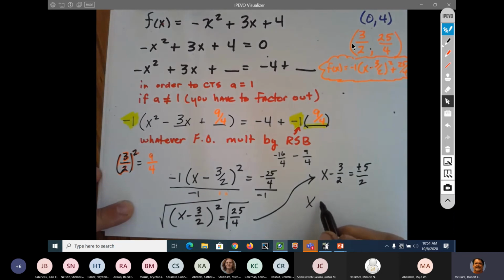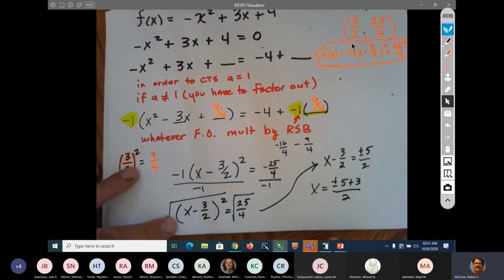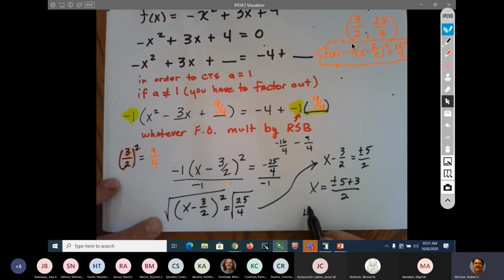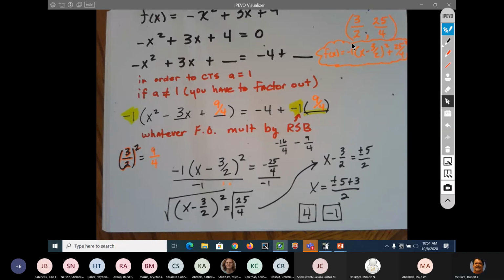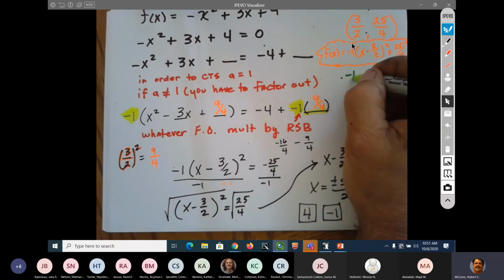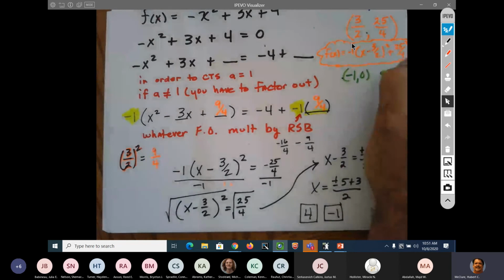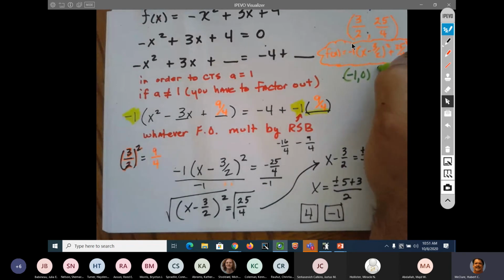And x is equal to plus or minus 5 plus 3/2. And 5 plus 3 is 8. 8 divided by 2 is 4, so that's one x-intercept. And negative 5 plus 3 is negative 2. Negative 2 over 2 is negative 1. So now I want everybody to graph it. We've got (-1, 0) as one x-intercept, and (4, 0) as the other x-intercept.